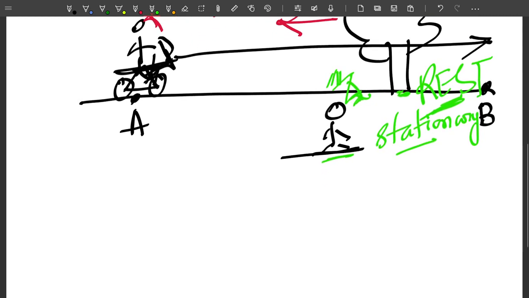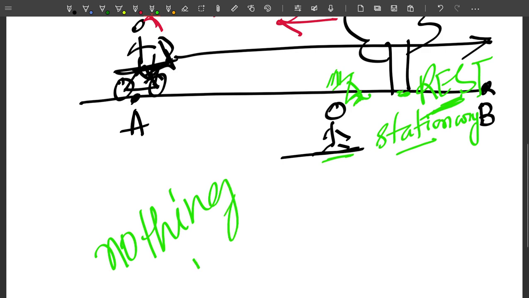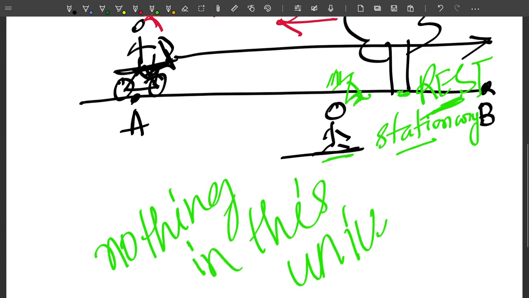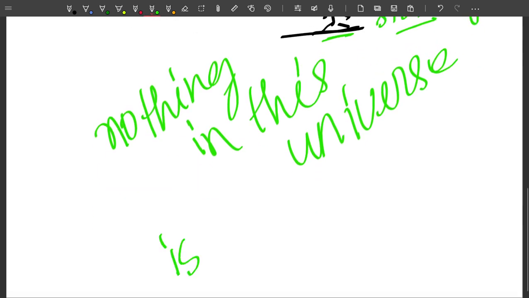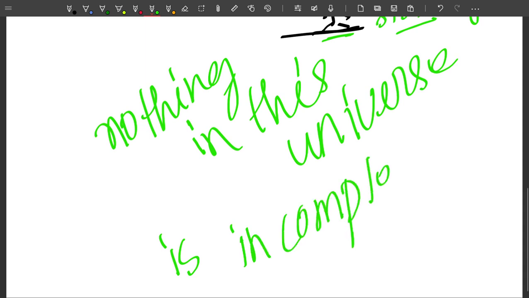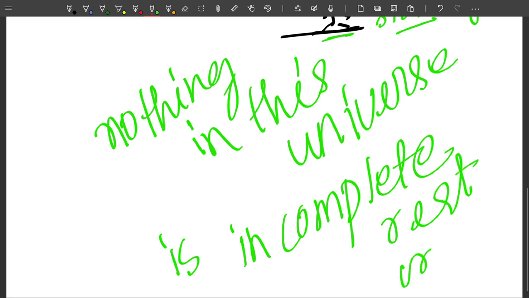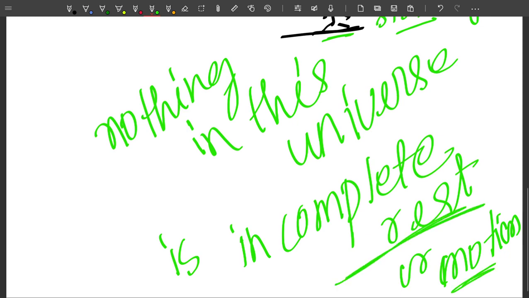So it is said that nothing in this universe is in complete rest or complete motion.